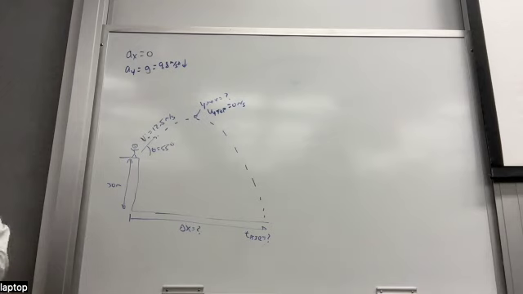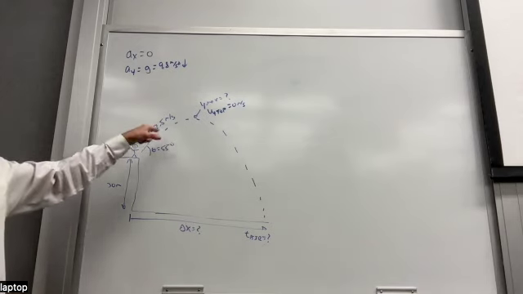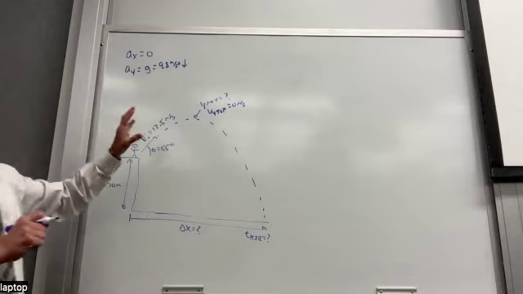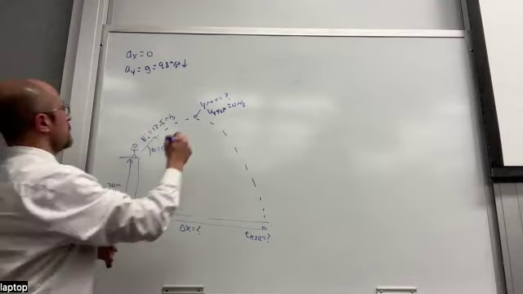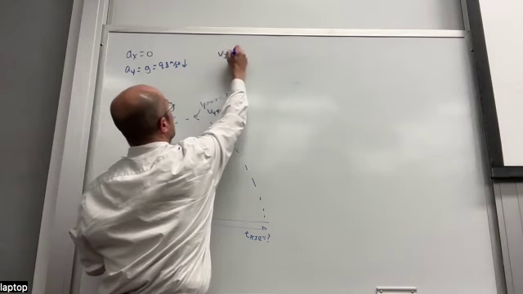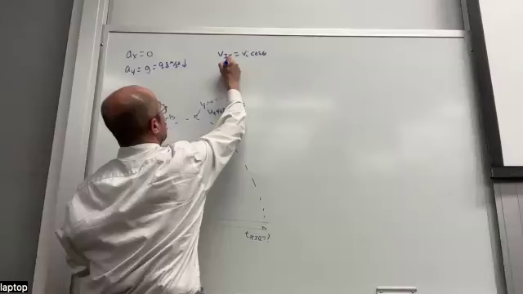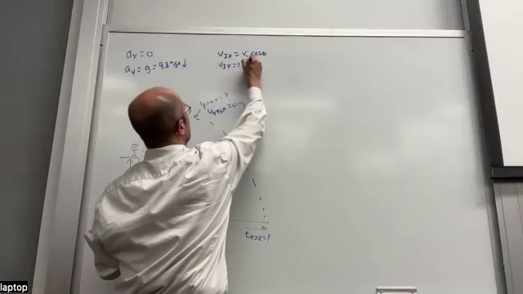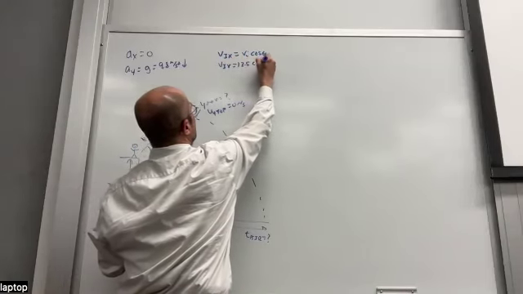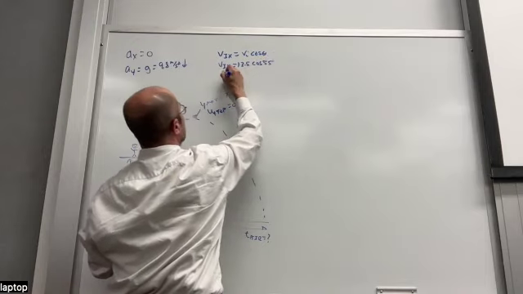And the other thing we always have to remember to do, we have to break our velocity into components. We can't just use 12.5 in bold. So we know that v_ix is v_i cosine theta. So v_ix is 12.5 times the cosine of 55.